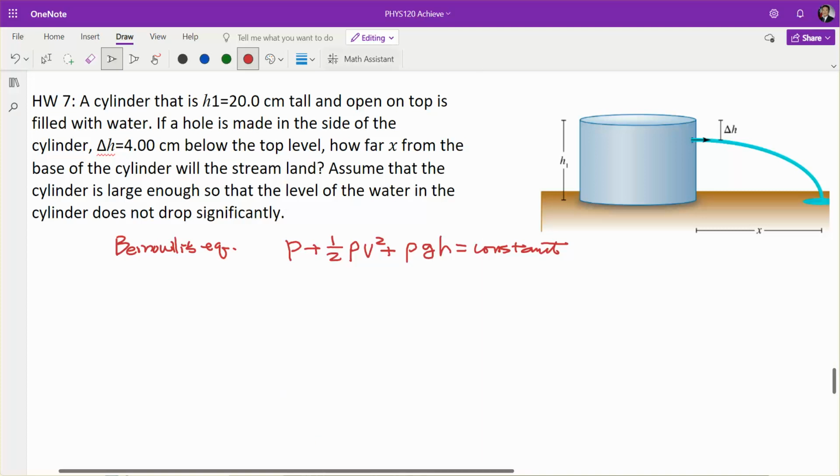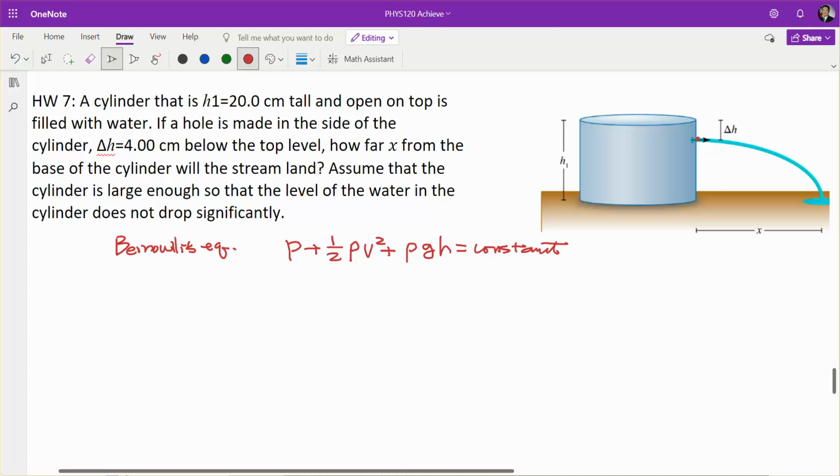So let's pick 2 points. One of the points must be the point where the fluid goes out. So we're going to pick one point which is just right outside of the hole of the tank, and here. The other point we have to pick is the place where you know the pressure, the fluid velocity, and also the height.